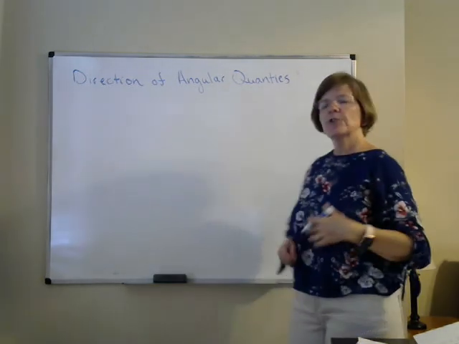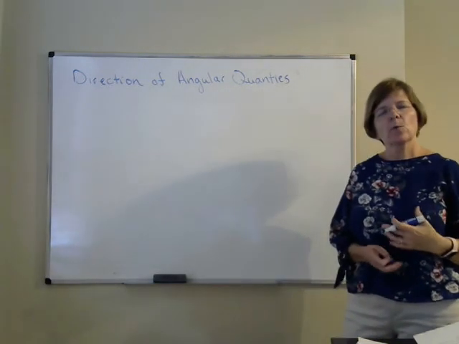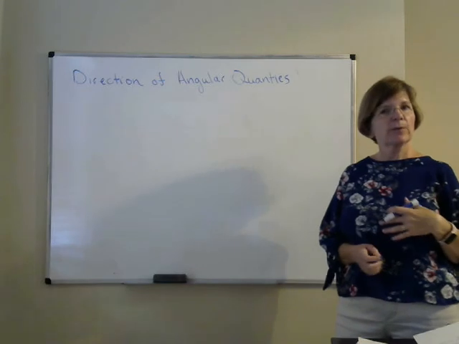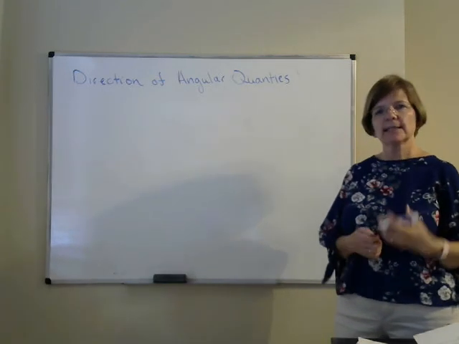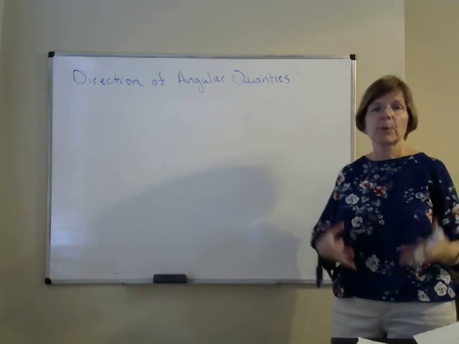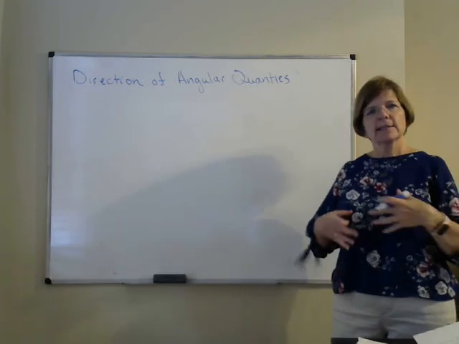Usually when we talk about direction for angular quantities, we talk about something that's either rotating clockwise or rotating counterclockwise. It's one of the easiest and probably the most frequently used idea at this level of physics.